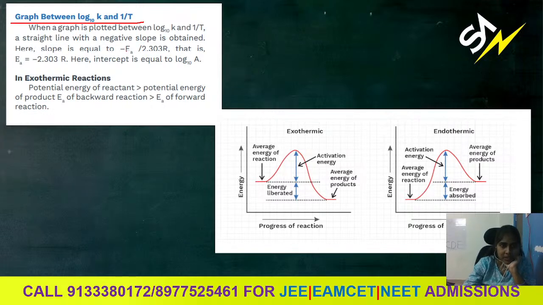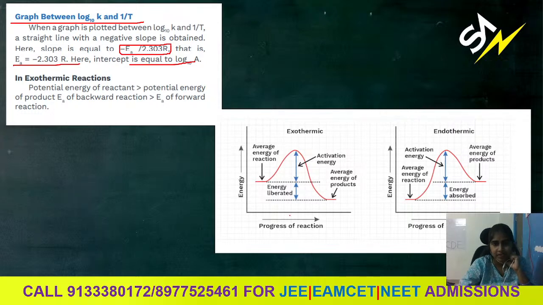Here the slope is equal to -Ea/(2.303 R), so Ea is equal to -2.303 R times the slope. Here the intercept is equal to log10 A. So these are the slope and intercept if we draw a graph between log10 k and 1/T.